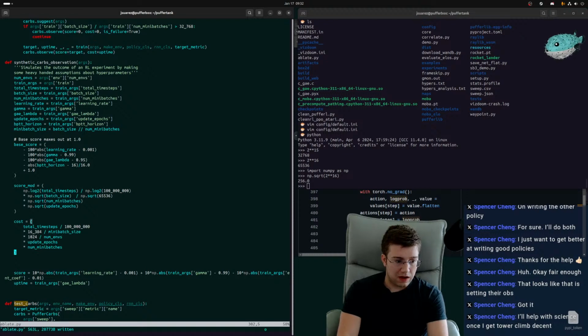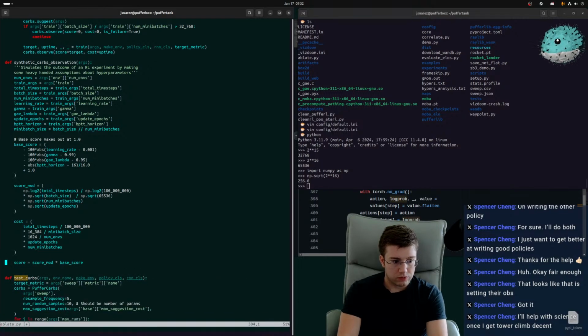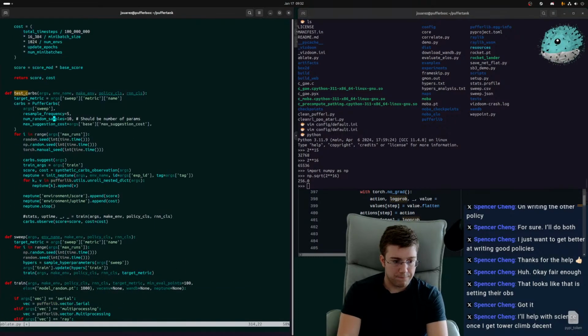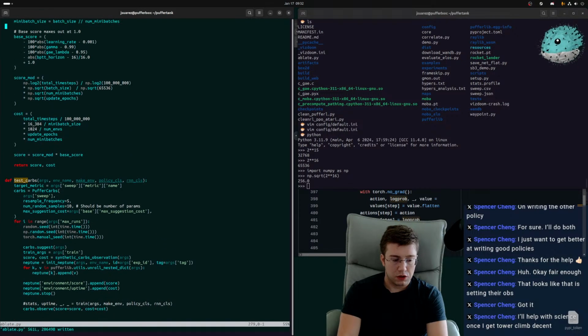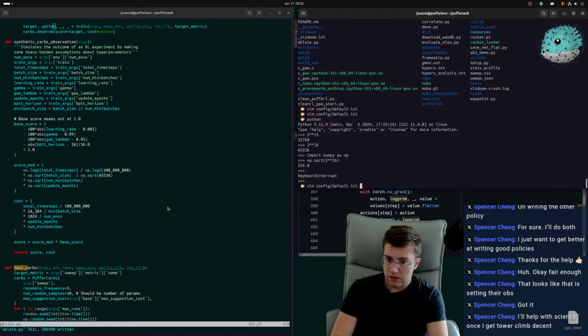And now what we should have is score is base score mod times base score. And then we should be able to return score and cost. Okay? And now what we get to do is late mode test carbs.